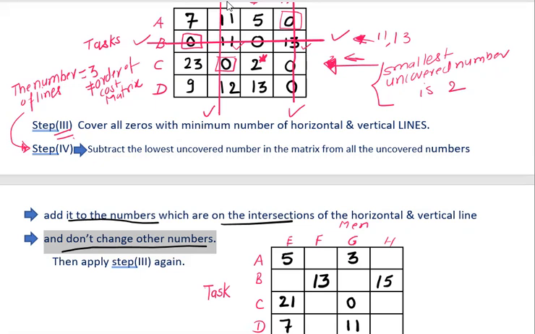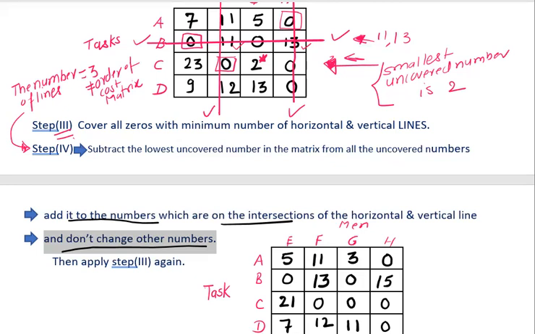So we keep these numbers which are on the line but not on the intersection as they are. Now in the second column, 11 is as it is. This is on the intersection, so we have added 2; 0 and 12 are as they are. Then in the last column, 0 is as it is, we have added 2 on the intersection, and these 2 zeros are as they are. So this is step number 4 we have applied.